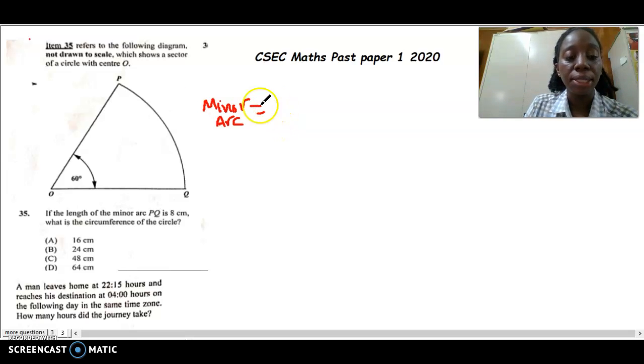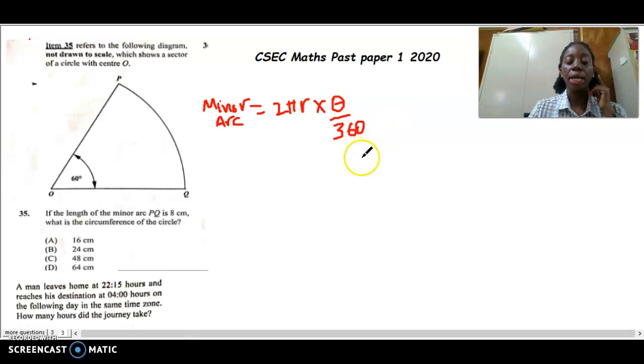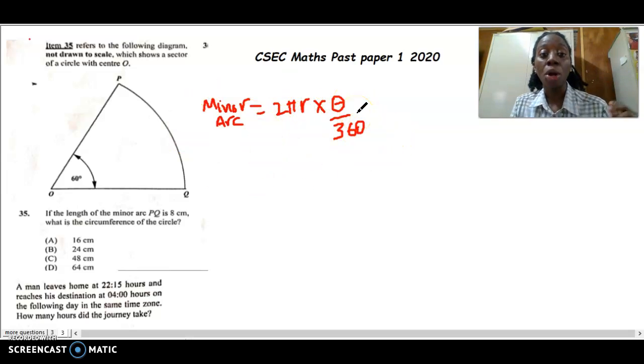So therefore we can say that this small portion PQ is equal to 2 pi r times theta over 360. All right, so it is that portion of the circumference that we are basically taking into consideration with this formula.